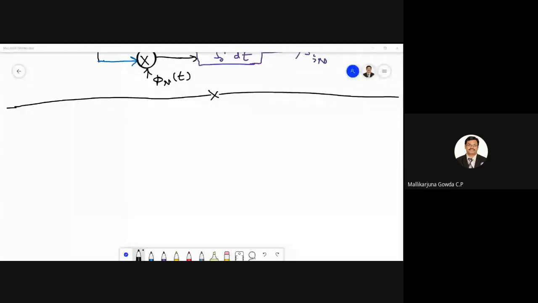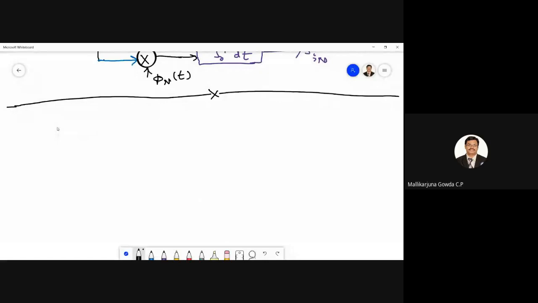So to continue with that, if I consider an n-dimensional Euclidean space, here I wanted to relate the energy of the signal and the signal vector length.